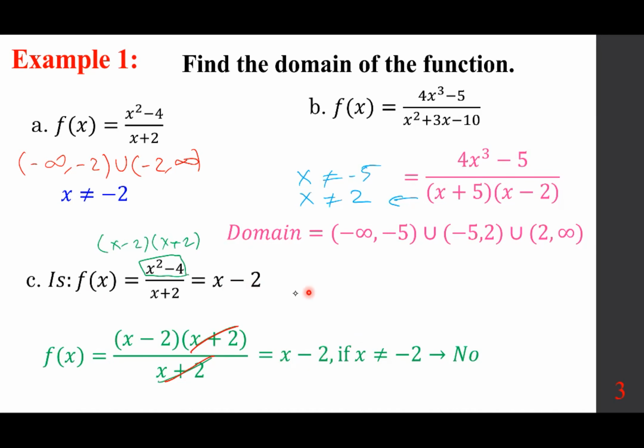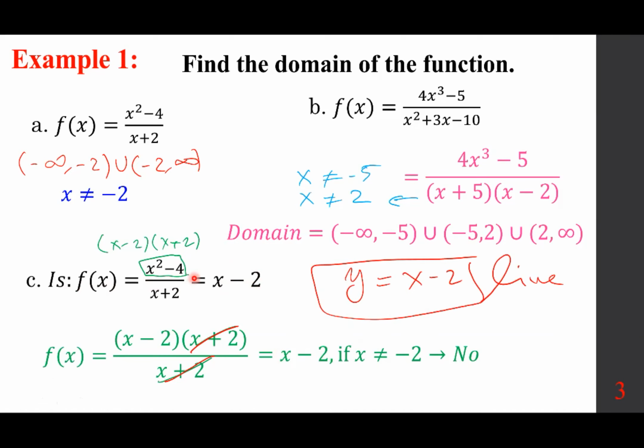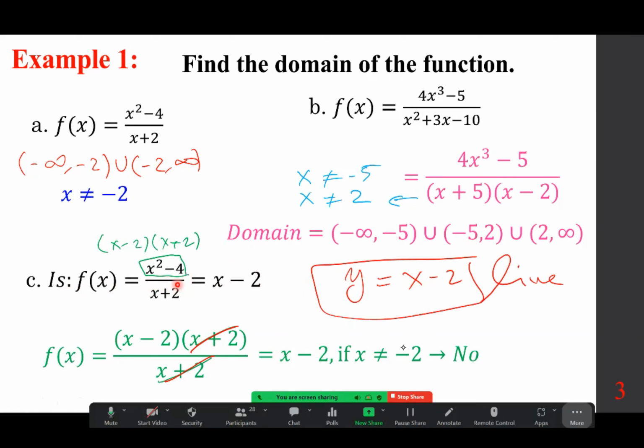If you graph the line y equals x minus 2, it's just a line, right? However, if you graph this, it's a line with a hole at x equals -2. In fact, you can plug in -2 here, it becomes -4.